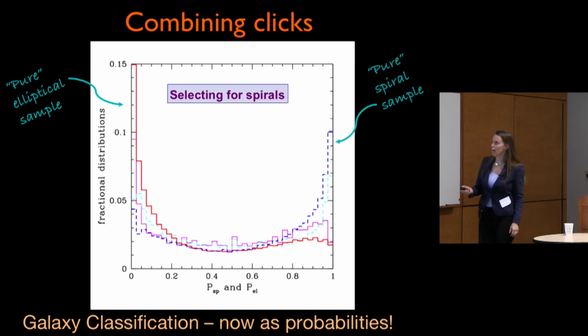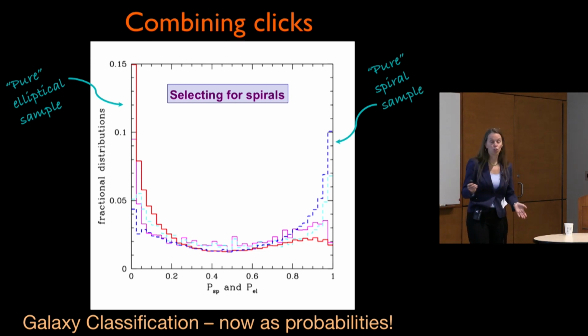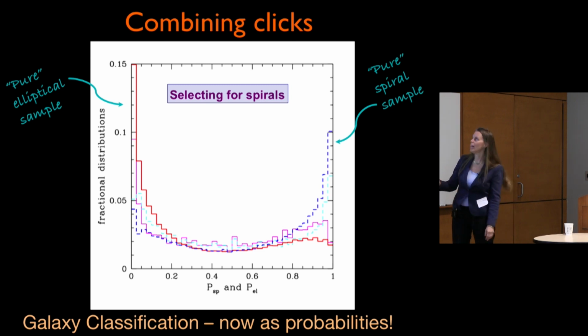All right, so the point here is, depending on the research you're interested in, you can pick what cut you want to make on your data sample at this point. So you can say, I have a research problem which requires a very pure sample of spiral galaxies. So I'm only going to take this bin right here.